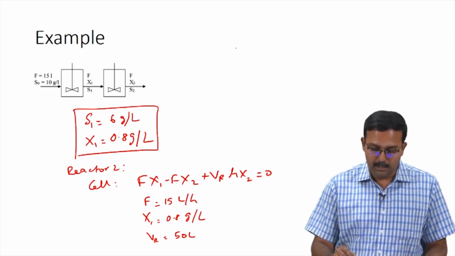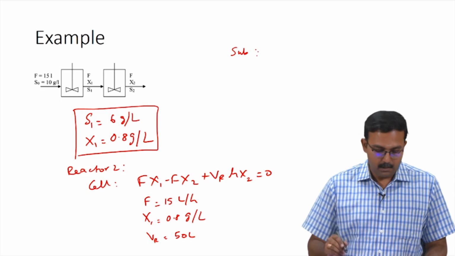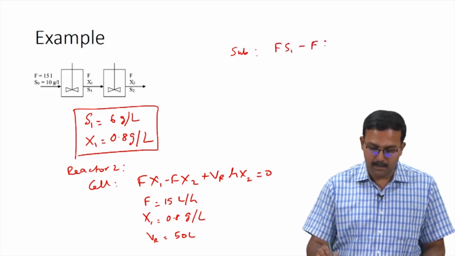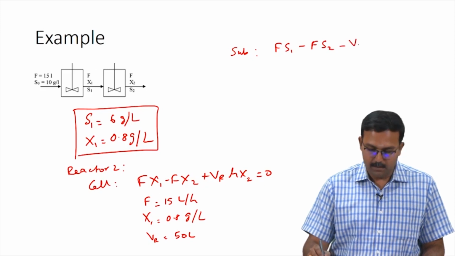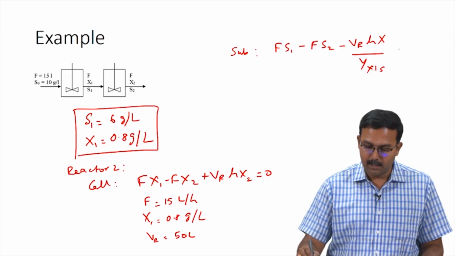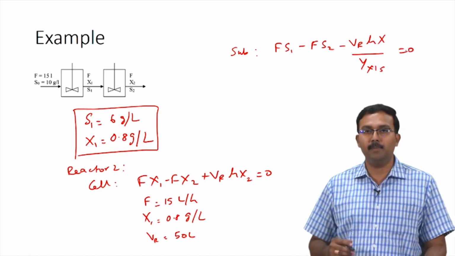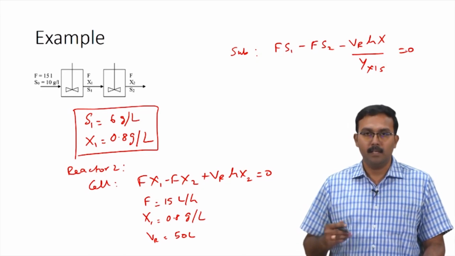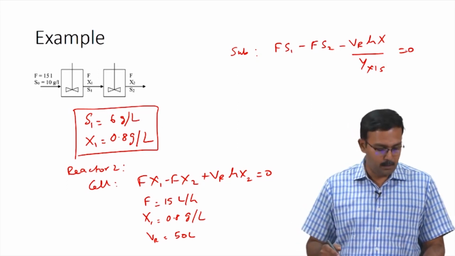We can similarly write the balance for the substrate. The substrate balance would be Fs1 minus Fs2 minus Vr mu x divided by Yxs equals 0. Here again we are assuming that there is no product formation and there is no accumulation. Using this we get this equation.